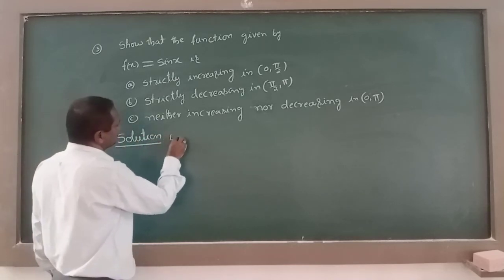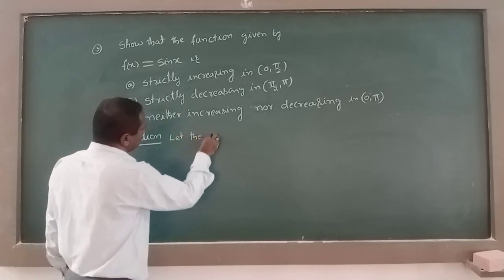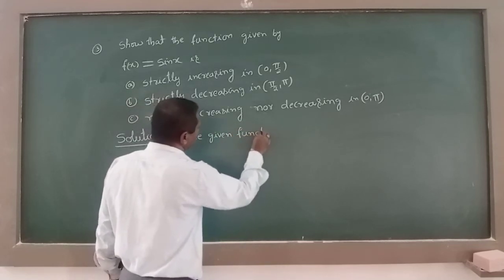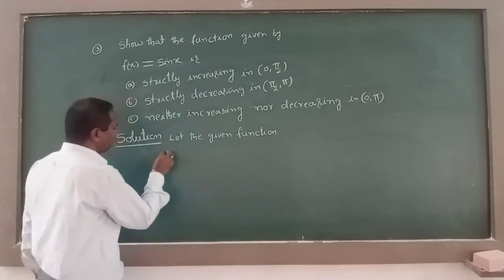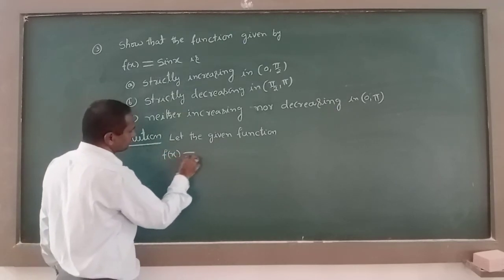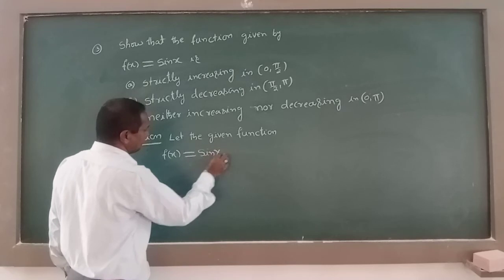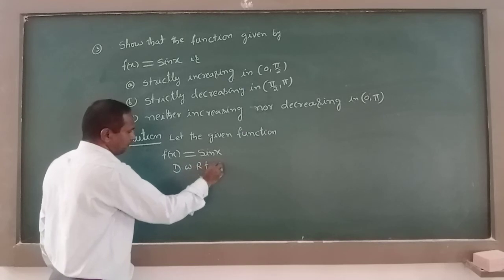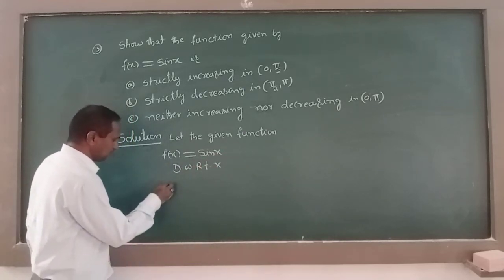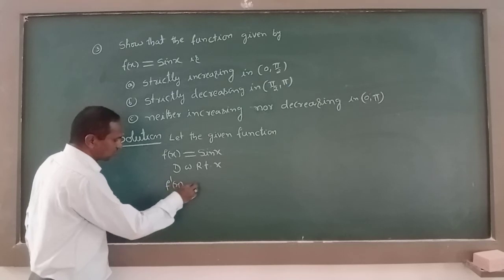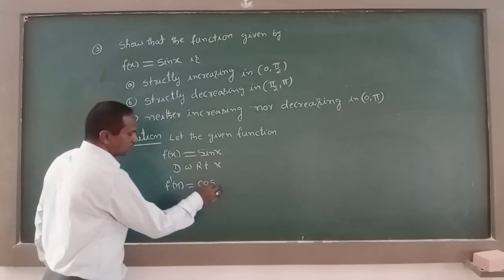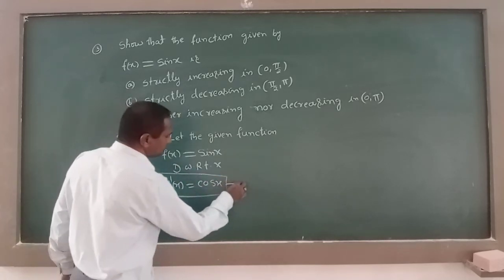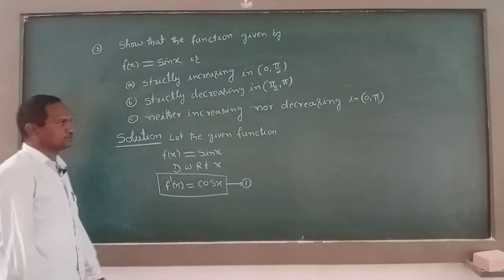Let the given function f of x equal to sin x. Differentiation with respect to x: f dash of x is equal to cos x. d by dx of sin x is cos x. Now from this only we check whether it is positive or negative according to the quadrants.